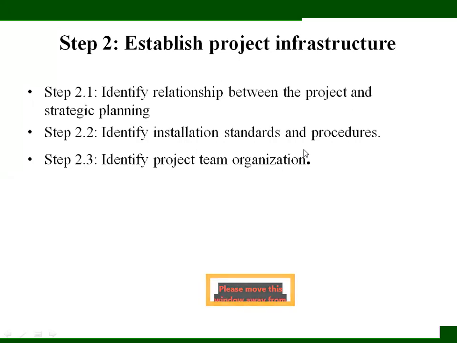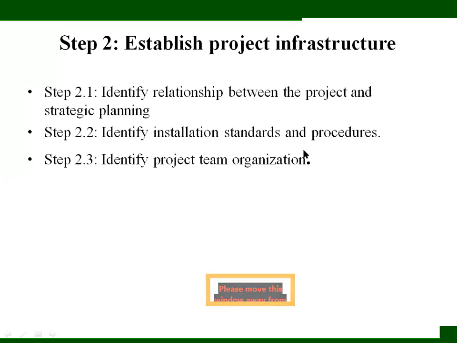Next one, identify project team organization. Here we have to identify how the team members are arranged in groups. How do we split the team members into groups? For example, in our project, for coding purposes, we need coding experts. So this is one team.